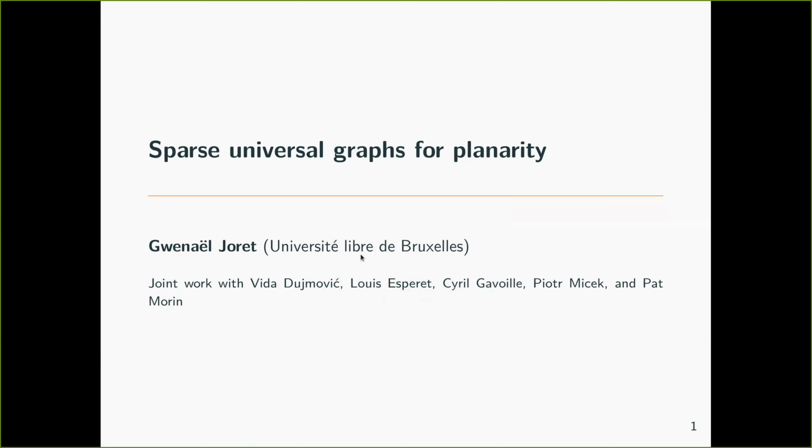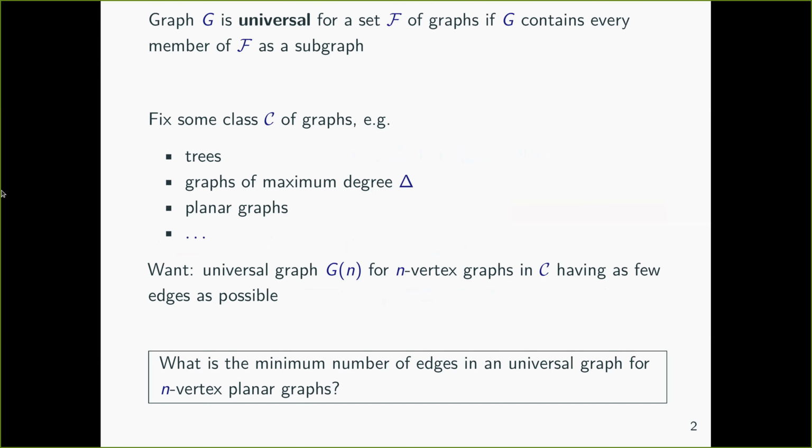I'm going to talk about some joint work done with Vida Dujmović, Louis Esperet, Cyril Gavoille, Piotr Micek, and Pat. And it's about universal graphs for planar graphs. So let me dive right into the topic. If you have some set of graphs that you care about, some set F, a universal graph is a single graph that contains every member of your set as a subgraph.